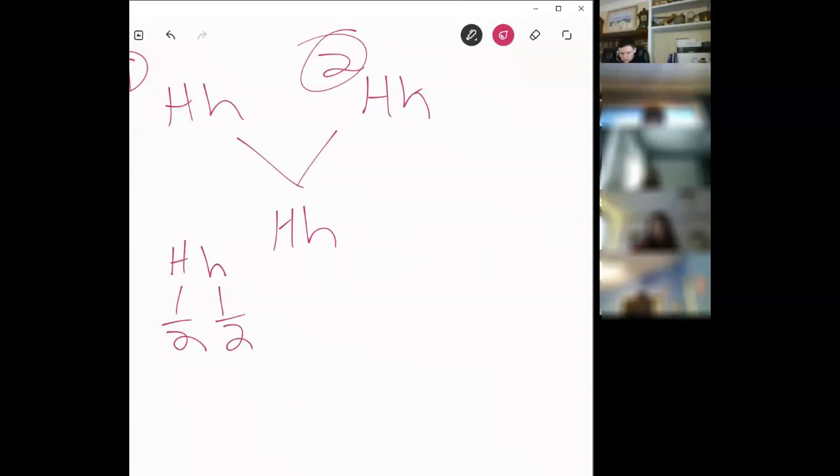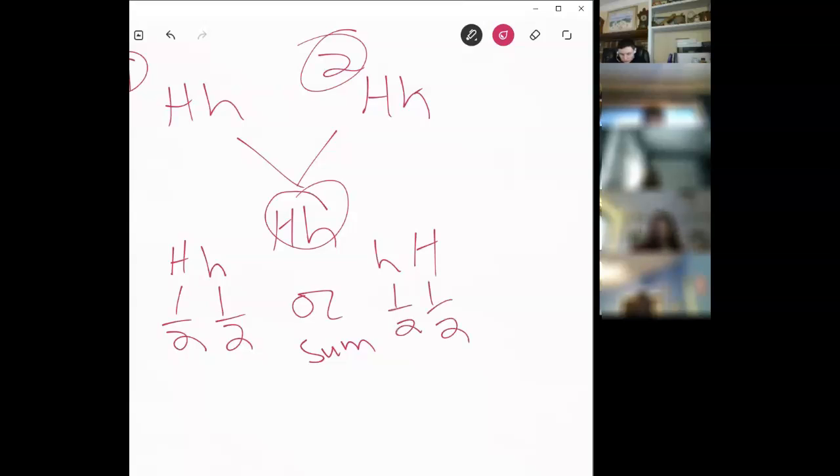But is that the only way I can solve this and still meet my desired result? No. I could get it that way, or, and this is that sum, or I could get it this way. Little h from the first parent, big H from the second parent. So again, I have a 1 in 2 chance. So the sum rule, you're going to add the total possibility of each individual event occurring alone.